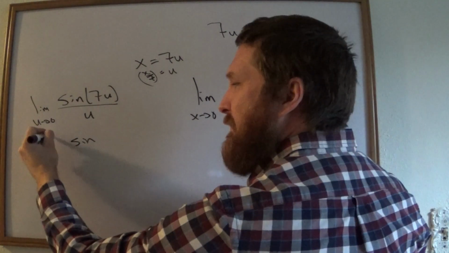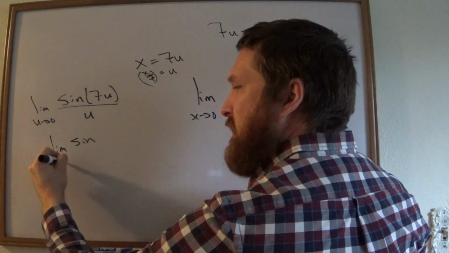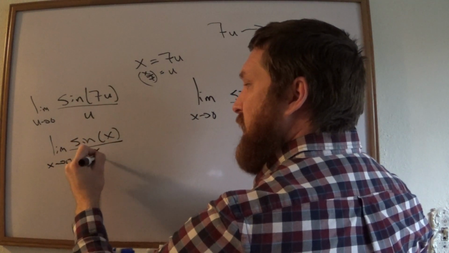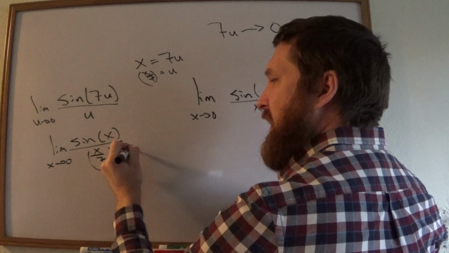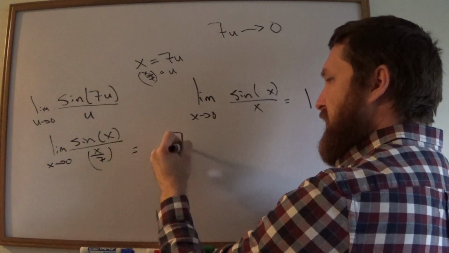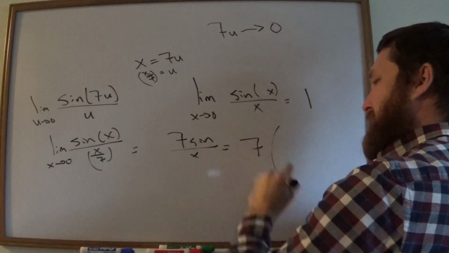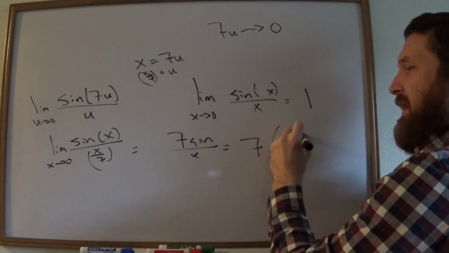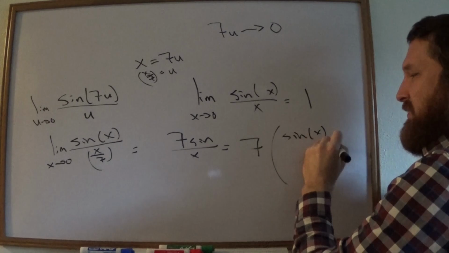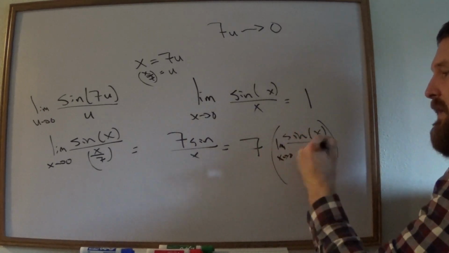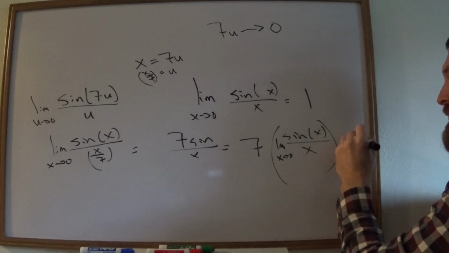So this is the same thing as the limit as x goes to 0 of sine x over x, with the 7 coming out. You bring the 7 up into the numerator, so it's just 7 times the limit of sine x over x as x goes to 0. That just goes to 1, so this just goes to 7.